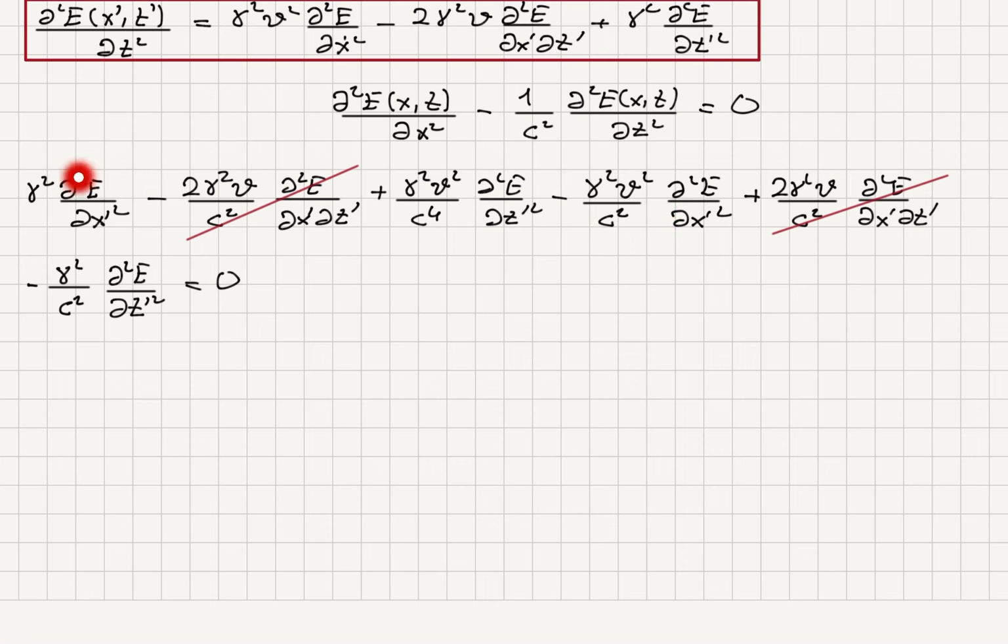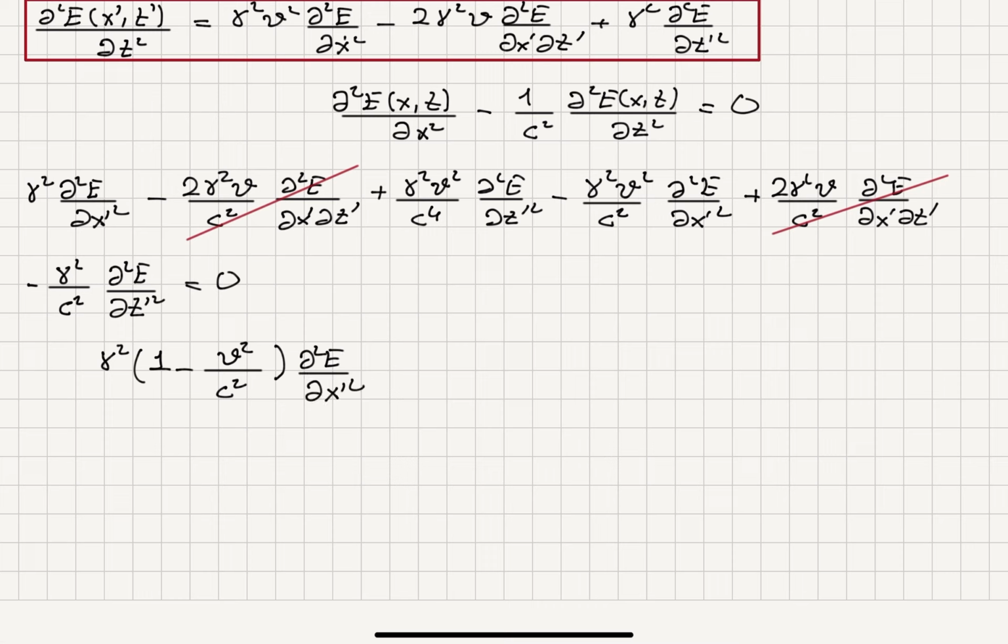So I can group these and write it as gamma square times 1 minus v square over c square del square E del x prime square.